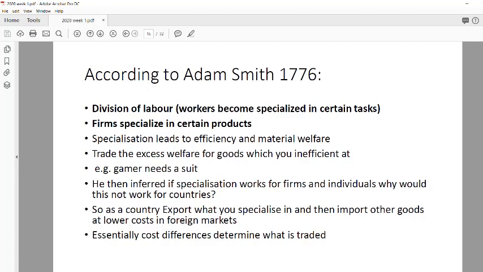So Adam Smith looked at this in terms of there being only labor. Nothing else. No capital, nothing else. So these laborers specialize in certain tasks. So you have maybe 100 workers in a country, 50 of them are producing or helping produce apples off a tree, 30 of them are producing boats, and 20 of them are producing wine, something like that.